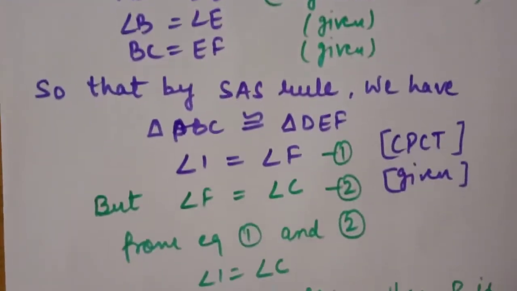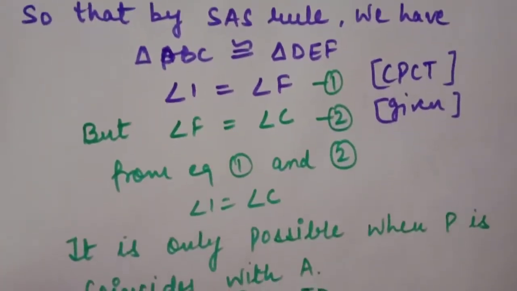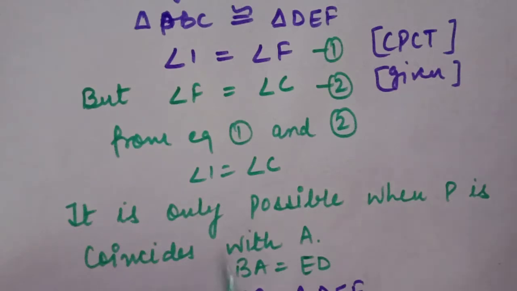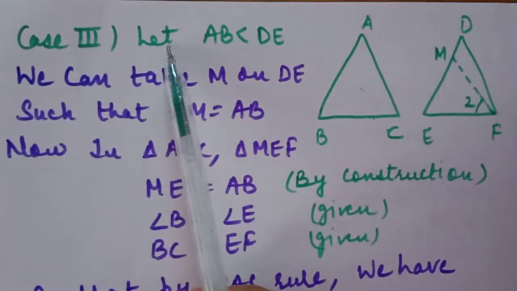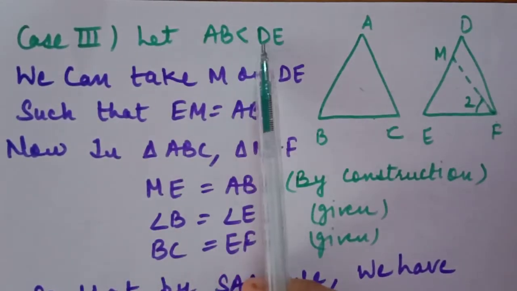Angle 1 is equal to F by CPCT, F is equal to C, it is given, so from equations 1 and 2, angle 1 is equal to C. It is only possible when P coincides with vertex A. So BA is equal to ED. So triangles ABC and DEF are congruent to each other. Now case third. Case third, let AB be less than DE.